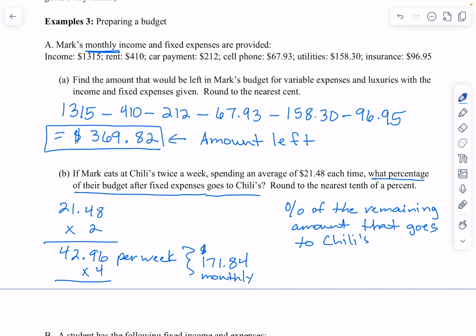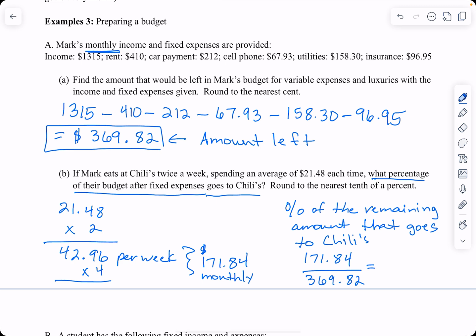So remember how to find a percent. You take the part over the total. The part that we're interested in is the part that goes to Chili's, so $171.84 divided by, well, what's the total? The total is the amount left that money can come from, so it's the $369.82.